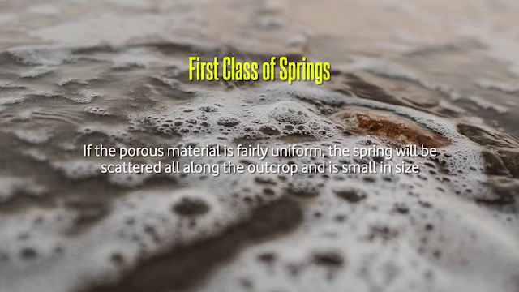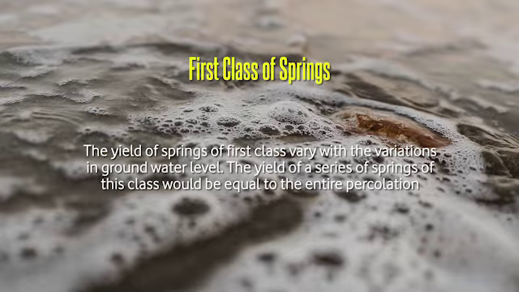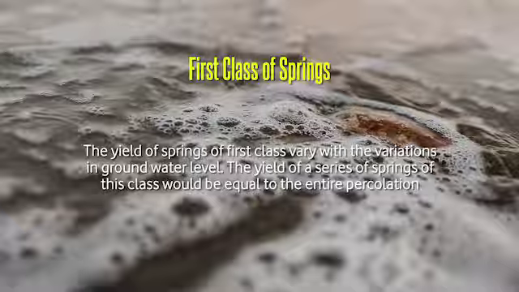If the porous material is fairly uniform, the spring will be scattered all along the outcrop and is small in size. The yield of springs of first class varies with the variation in groundwater level. The yield of a series of springs of this class would be equal to the entire percolation.